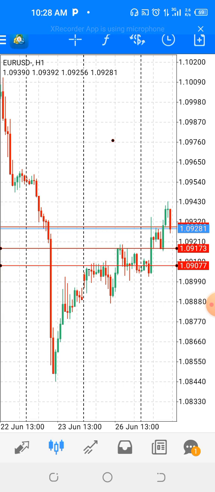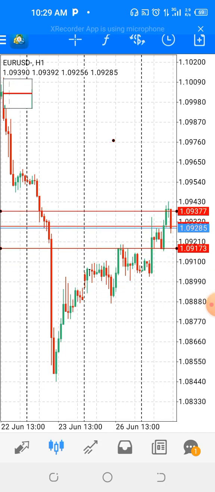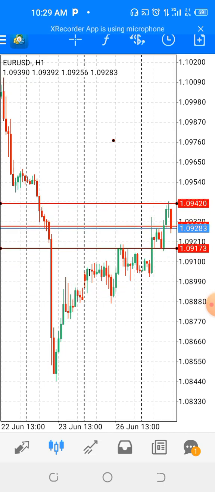So even when you want to set your stop loss, this is also how you calculate your stop loss. You enter this market at 1.09173, and let's take for instance, you place your stop loss at this point, 1.09420. You now subtract this figure, 1.09173.